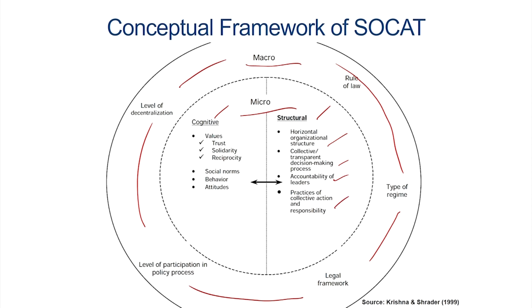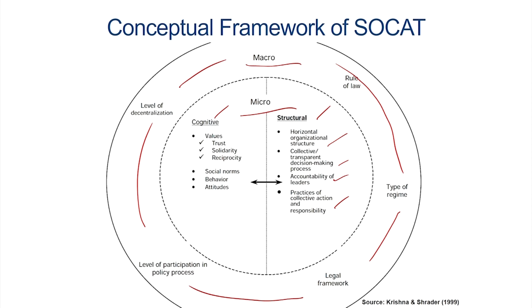While important to understanding the role of social capital in development, the social capital assessment tool does not attempt to measure macro level indicators of social capital. Instead, the SOCAT focuses on structural and cognitive social capital at the micro level and the ways that these types of social capital interact at the community, household and institutional levels.